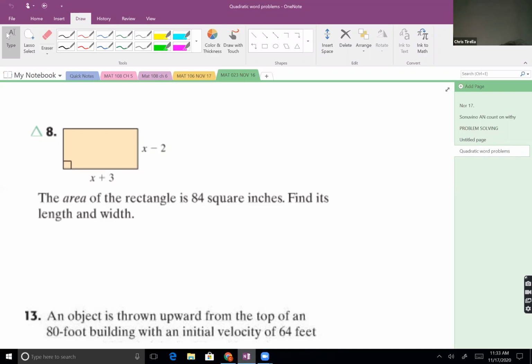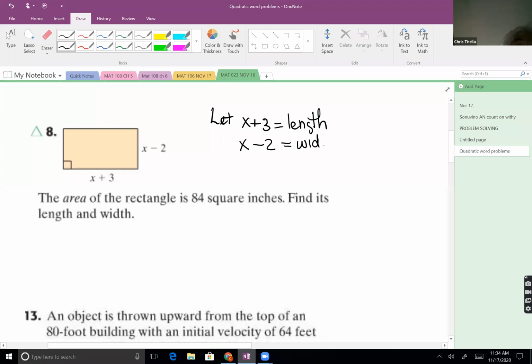And while they didn't write it, we could say x plus 3 is the length, and x minus 2 is the width. Is everybody all right with seeing that from the diagram?